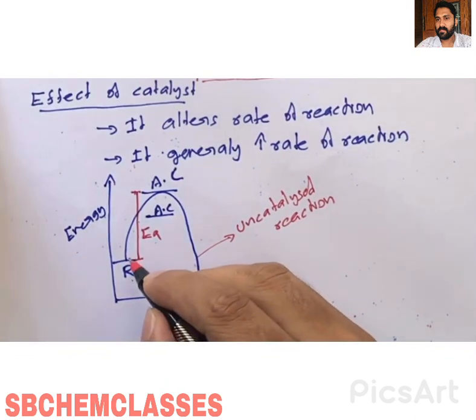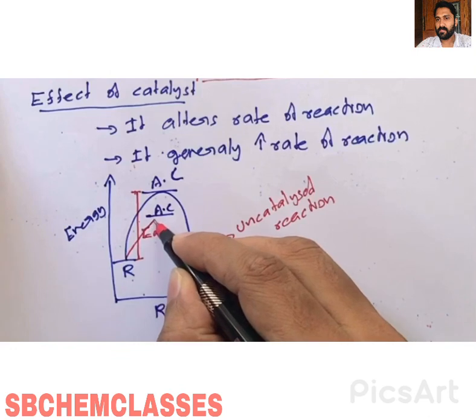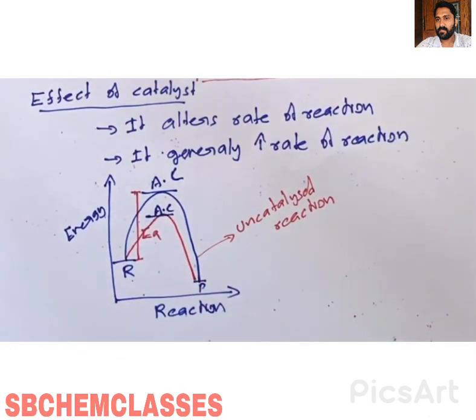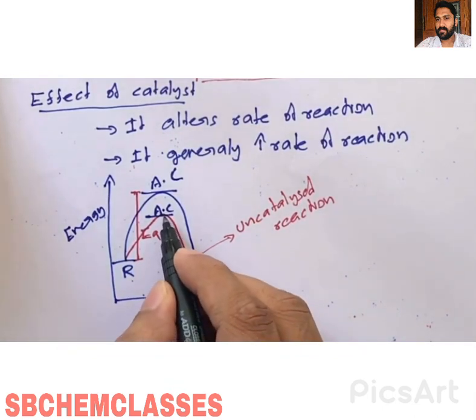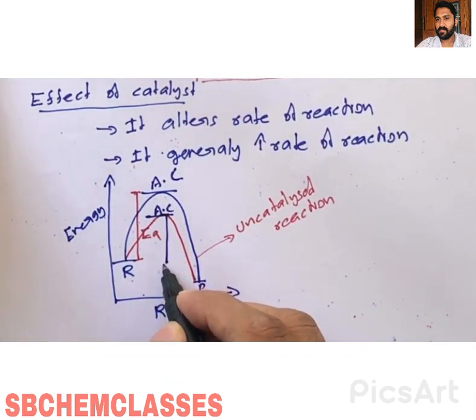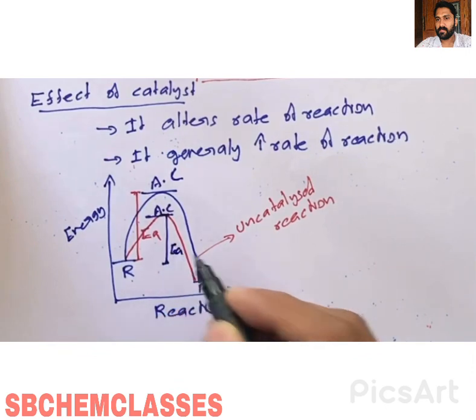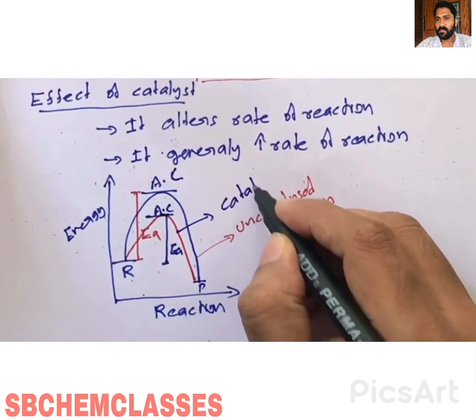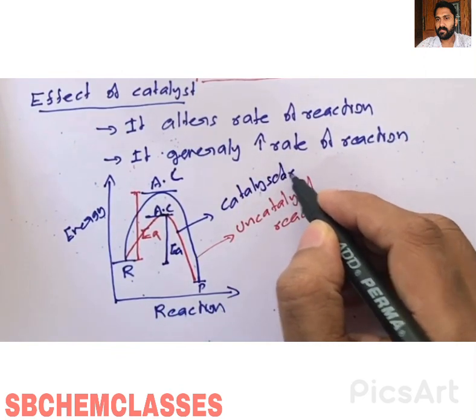This reactant is converted to product through this activated complex. Now what will be the activation energy of this reaction? That is EA. This reaction is for catalyzed reaction.